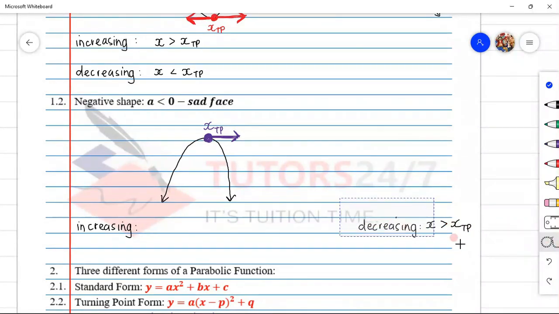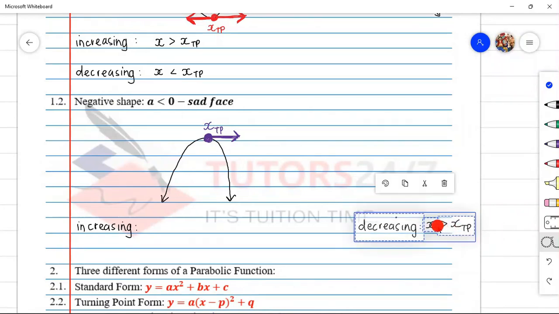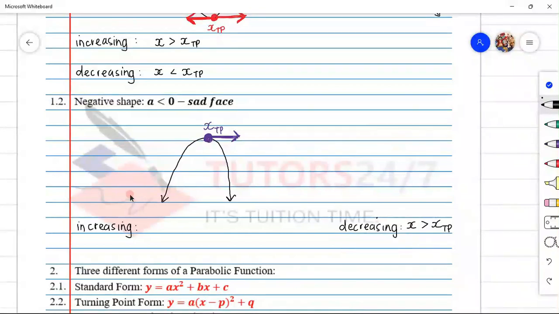Now, if we look at the left side of our function, we can see that the left side kind of looks like a positive linear gradient. And as you can see, as the x value increases, the y value is also increasing. So that is then going to be an increasing function.